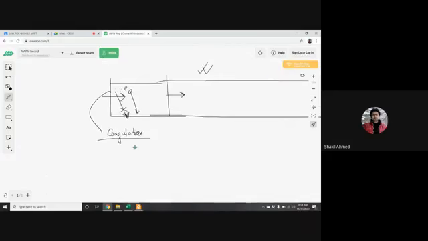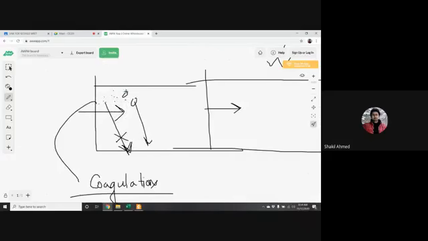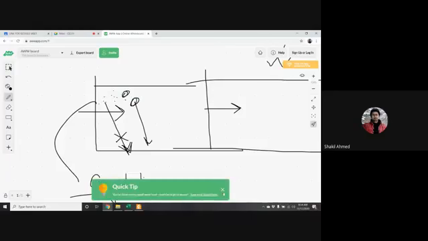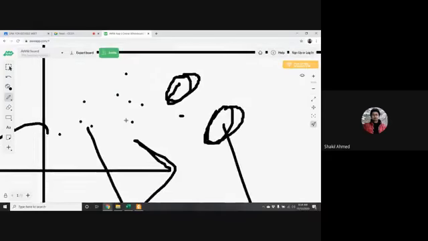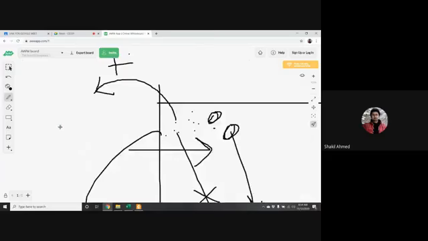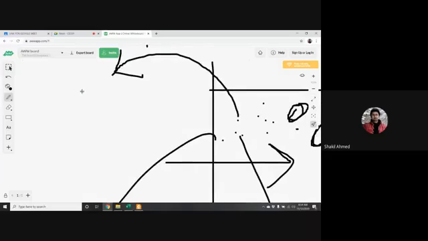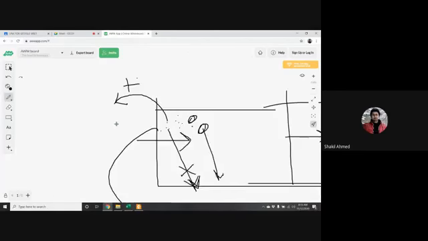What happens in the coagulation process? Here, as you can see, these smaller particles, right? If you zoom in here, you'll see that these particles are maybe a bit larger.